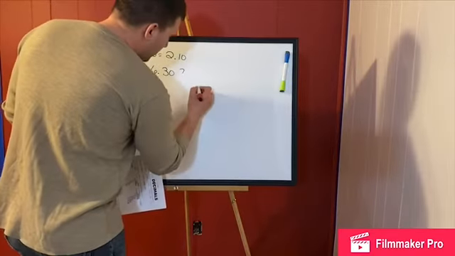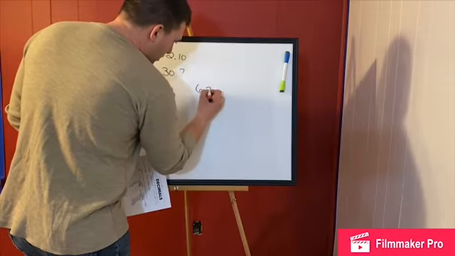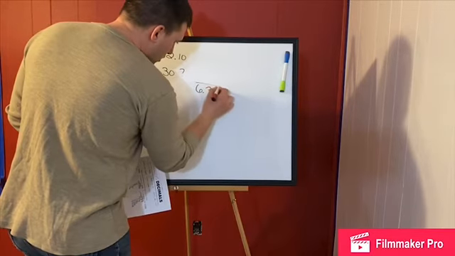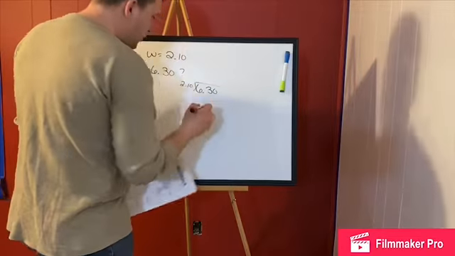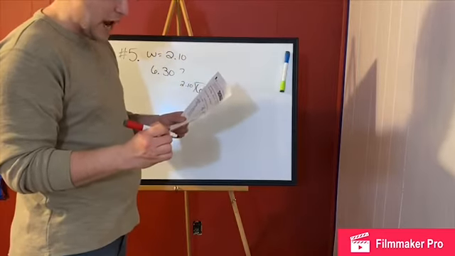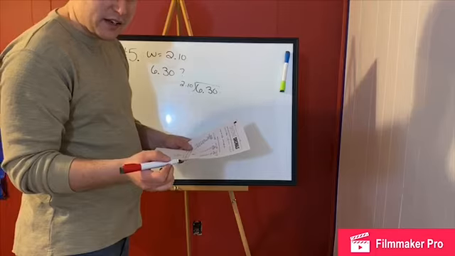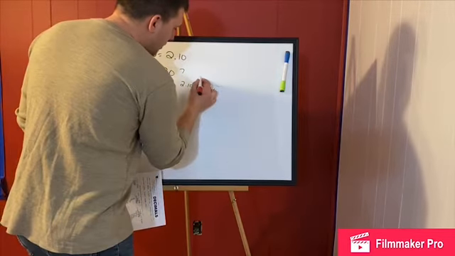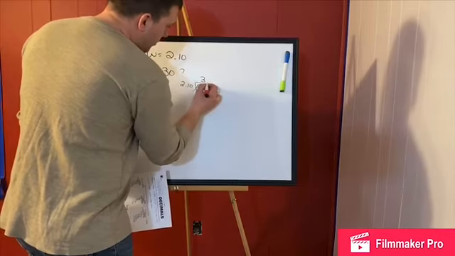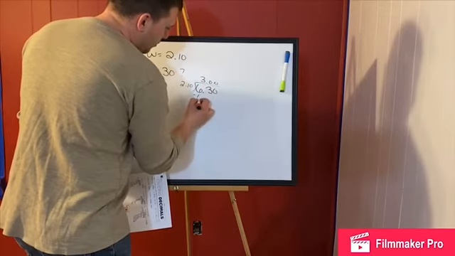We will take 630 divided by 210, and we type this into the handy dandy calculator, we get 3.00.